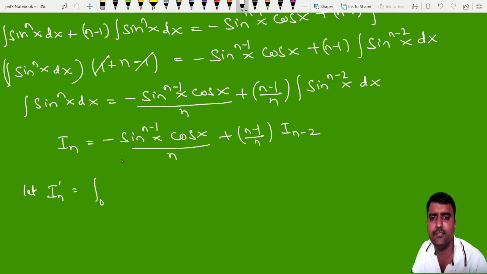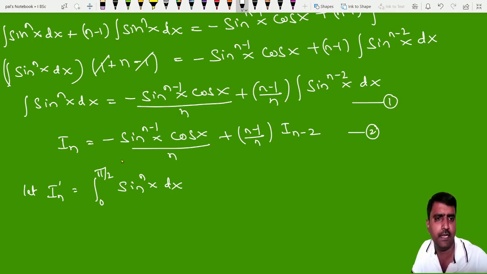In dash is equal to the integration from 0 to pi by 2 of sine to the power nx dx. We already know this result. Take this as 1 and this as 2.